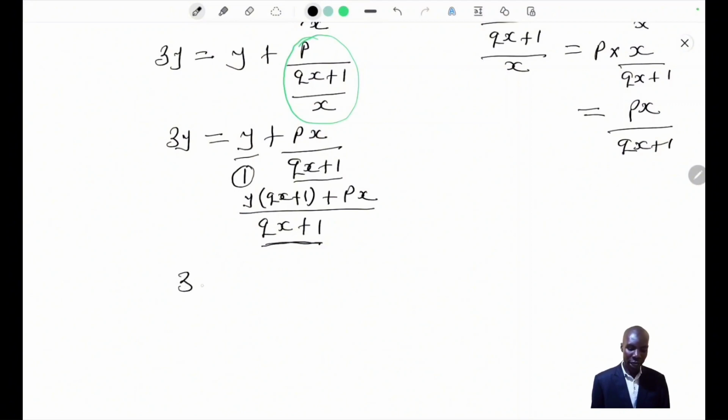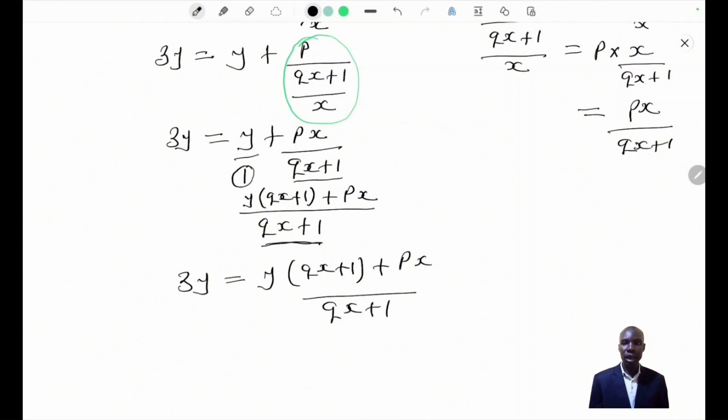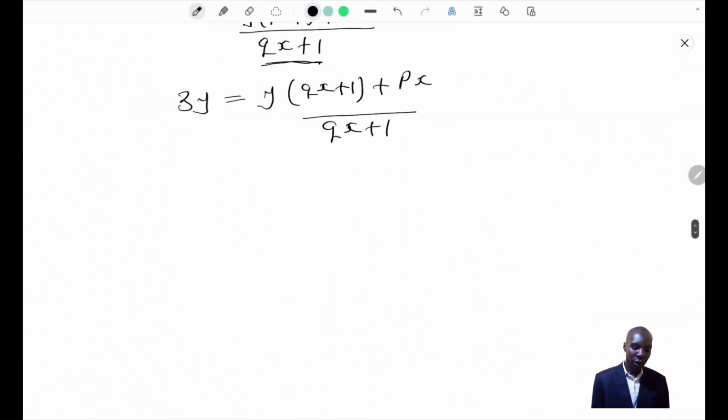So finally what we have is 3y equals y in bracket qx plus 1 plus px over qx plus 1. Remember, our aim is to make x the subject of the formula.